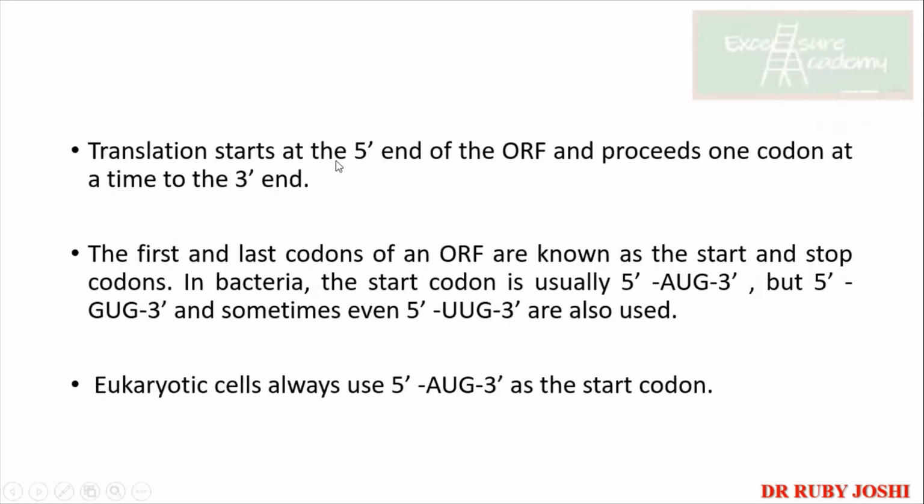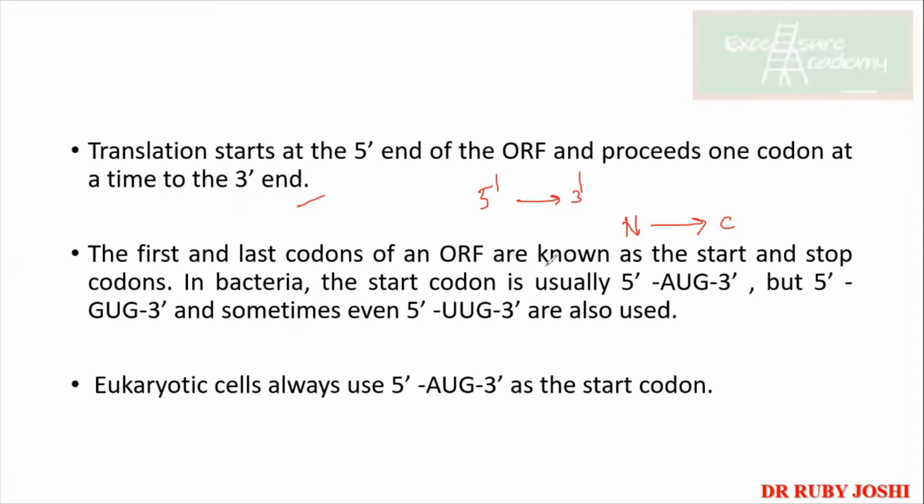Okay, so translation starts at the 5' end of the ORF and proceeds one codon at a time to the 3' end. Once it is read in 5' to 3', in the case of protein it will be known from N terminal to C terminal. The first and the last codons of an ORF are known as the start and the stop codons.